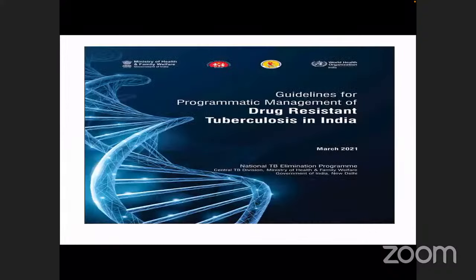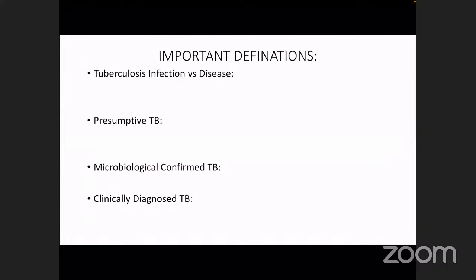of drug resistant TB. So, before moving on to the proper part, we should first understand something which is clinically important as well as in the guidelines, but it is very important. This is a very basic microbiological part. Tuberculosis infection is when the Mycobacterium tuberculosis bacilli enter our body for the first time.